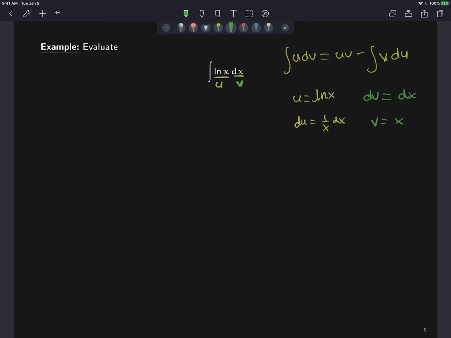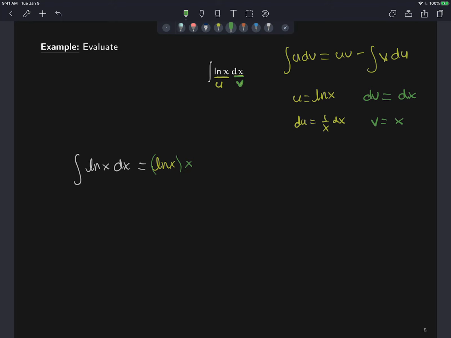So if I follow now my integration by parts rule, I'm saying the integral of natural log of x dx is u times v, so it's going to be natural log of x times v. So I'm going to be careful here with the parentheses, times v, which is an x. It looks weird if you write natural log of x times x, so I'm going to rewrite it like x times natural log of x in a minute.